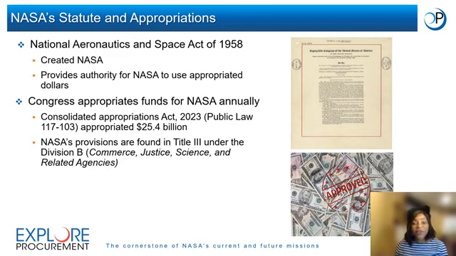Each year, Congress appropriates funds for NASA to execute this mission. In fiscal year 2023, Congress appropriated funding of $25.4 billion to NASA via the Consolidated Appropriations Act of 2023. NASA's provisions are found in Title III under Division B, Commerce, Justice, Science, and Related Agencies.